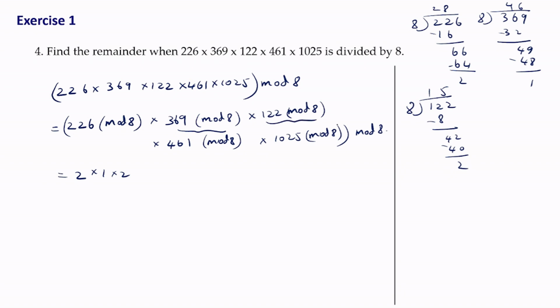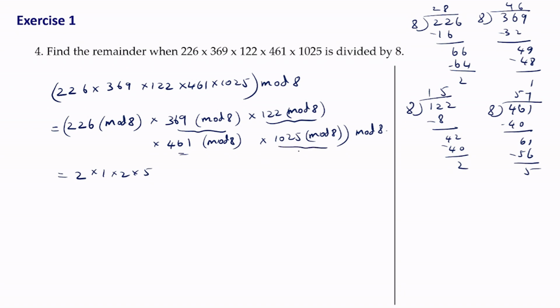When we divide 461 by 8, we get the remainder as 5.